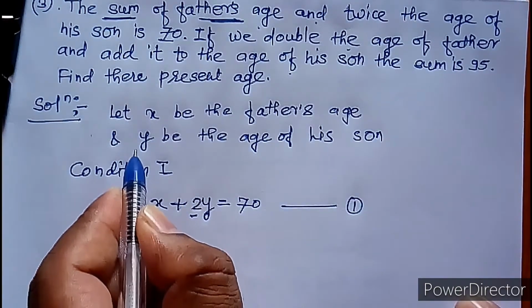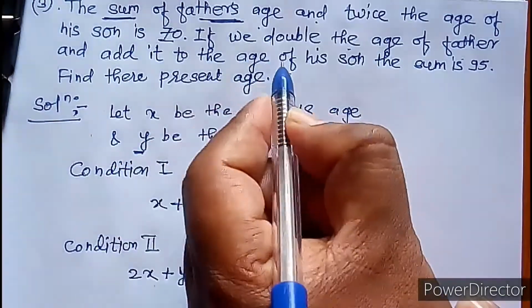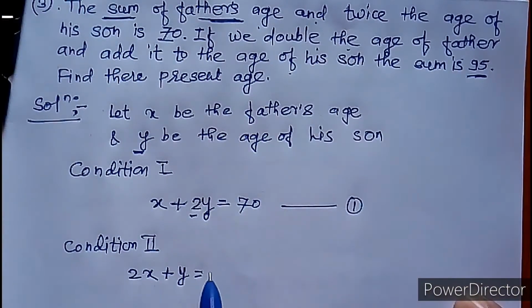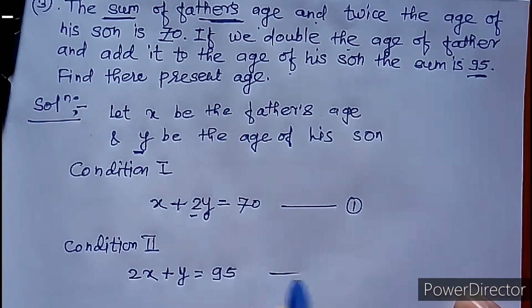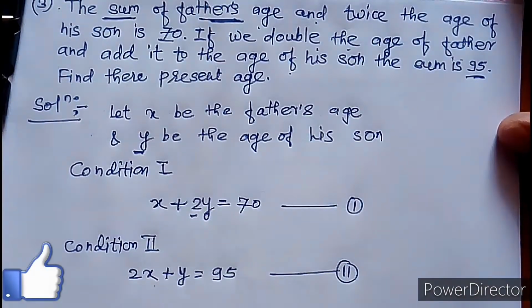His son's age is y, so write plus y equals, when we add it the sum is 95, so write 95. This is the second equation which we get from condition 2.